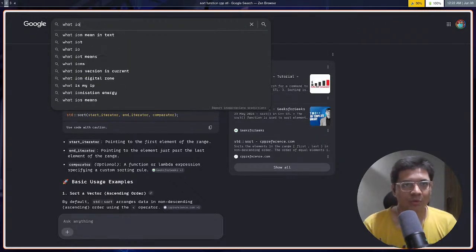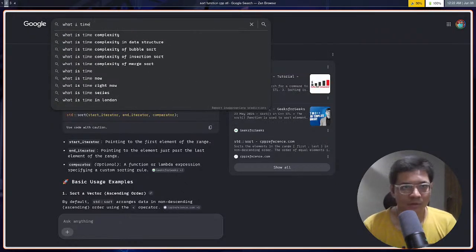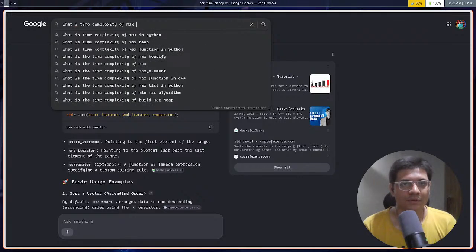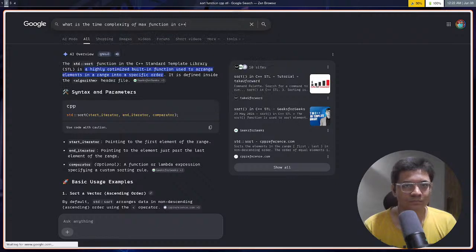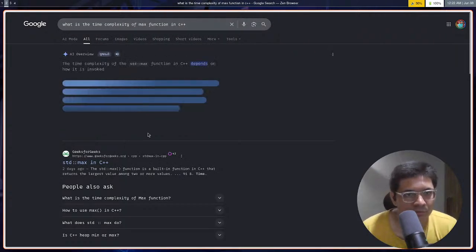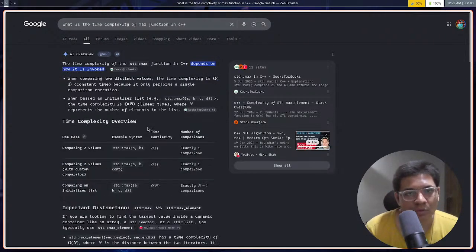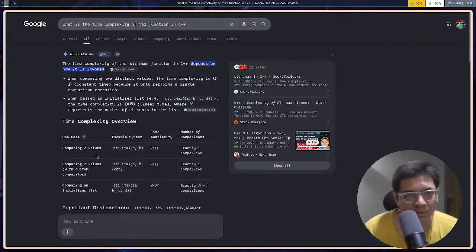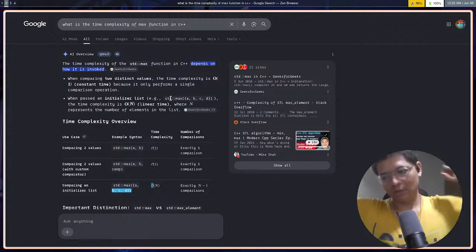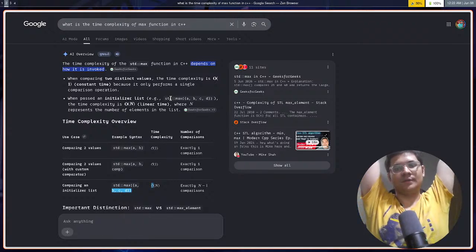What is the time complexity of the max function? I guess it should be big O of n, comparing value to value. Big O of n would be our time complexity for this code.